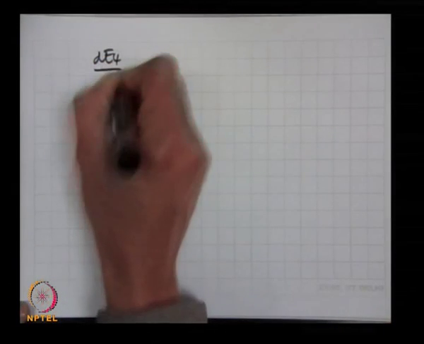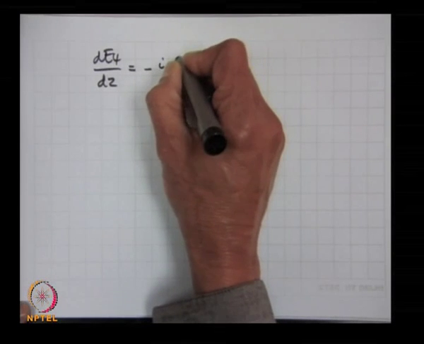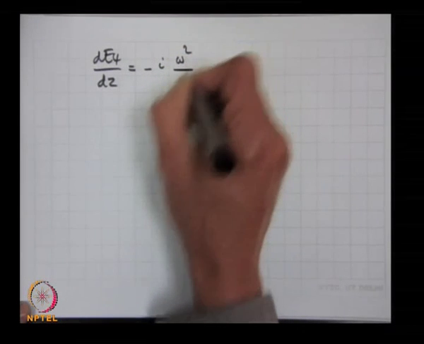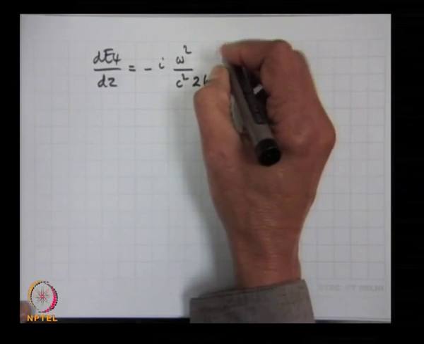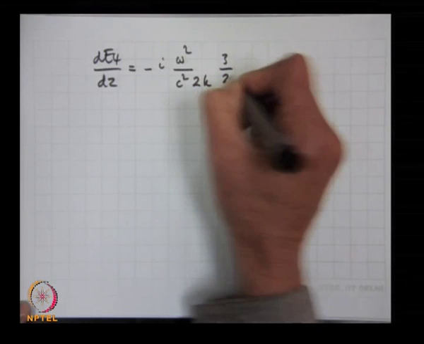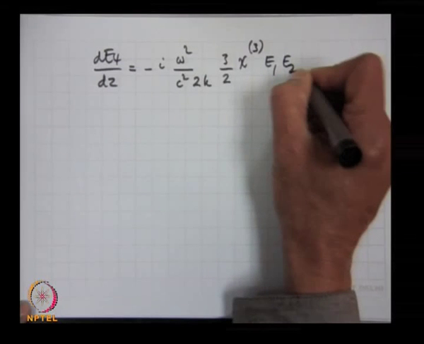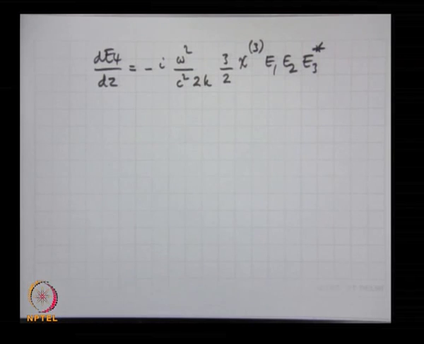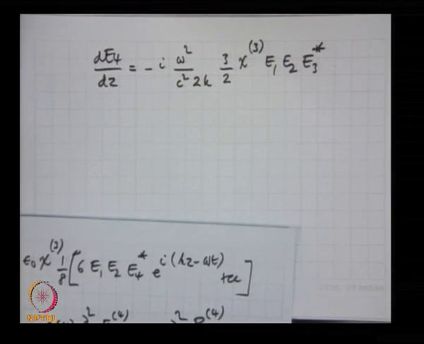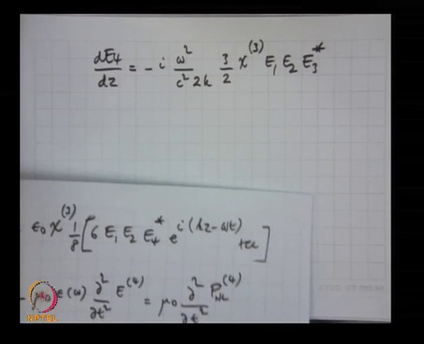So I can simplify this and I get dE4 by dz is equal to minus i omega square by c square, so 2k into 3 by 2 chi 3 E1, E2, E3 star. There's a minus sign, so I got a minus, omega mu 0 epsilon 0 is 1 by c square, so omega square by c square, and then a 2k.